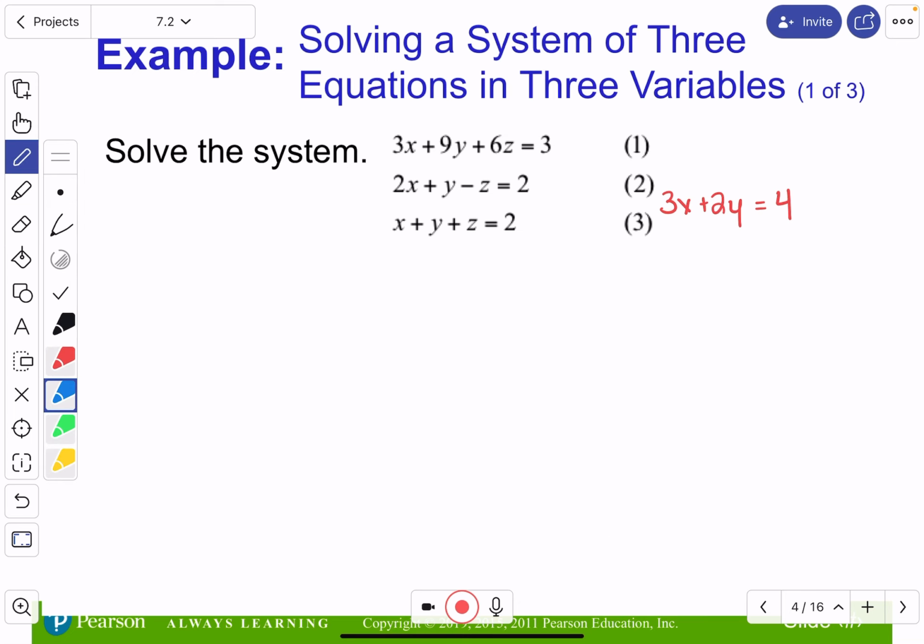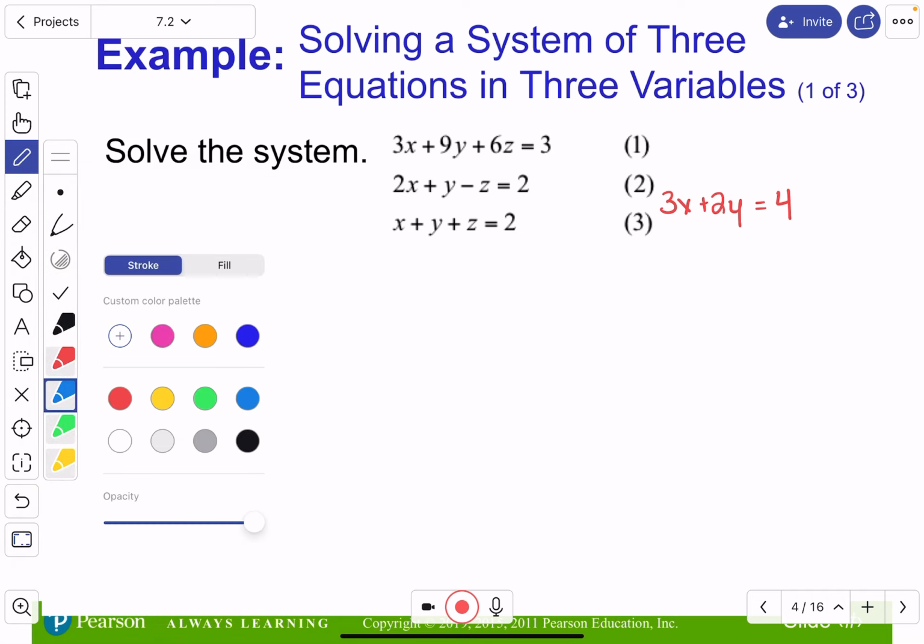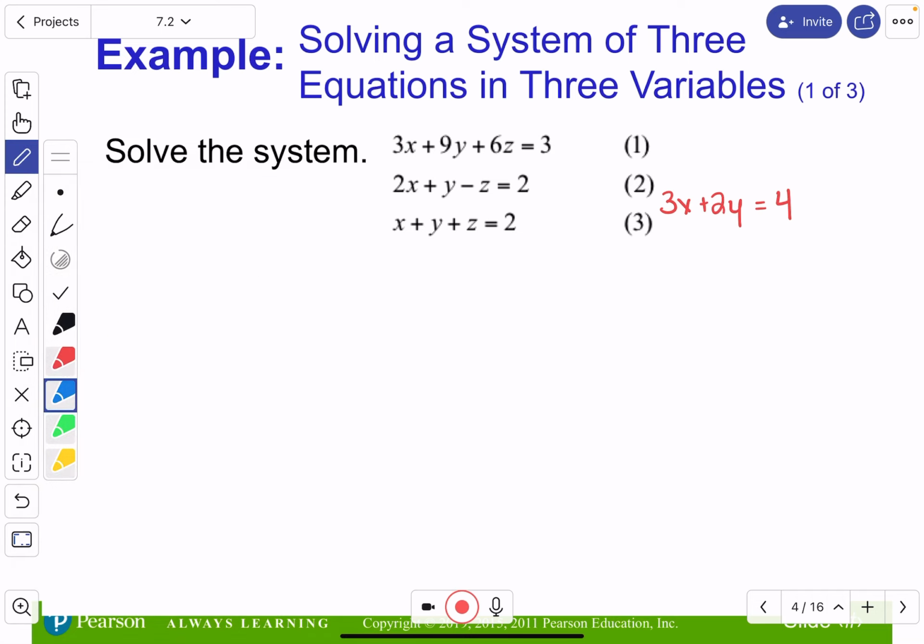So if we were to use the top one and the bottom one, we would have to multiply everything in this bottom one by 3. Not 3, because we're trying to get rid of the z here. So if I want to get rid of the z, I got to multiply by 6.